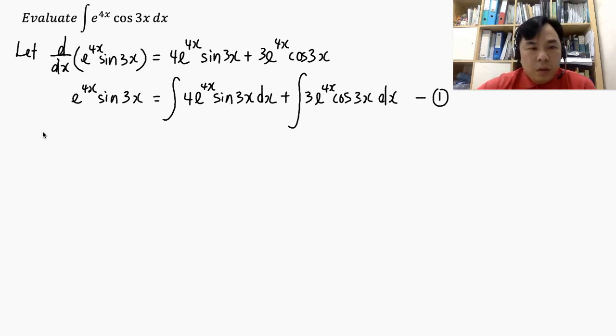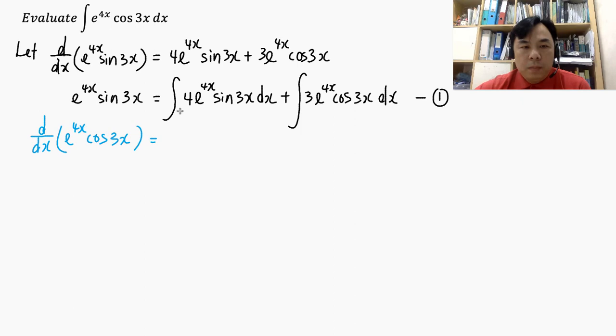I'm going to consider these particular differentiations. This time I'm going to differentiate cos 3x instead. Right? And then following the same product rule here, I should end up with this. Okay, so there you have it.